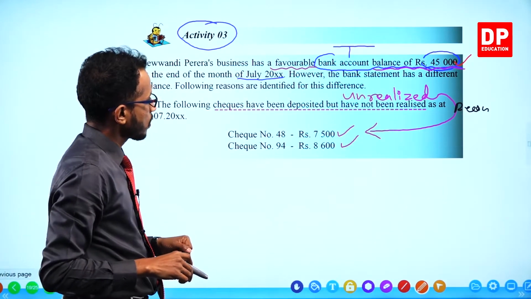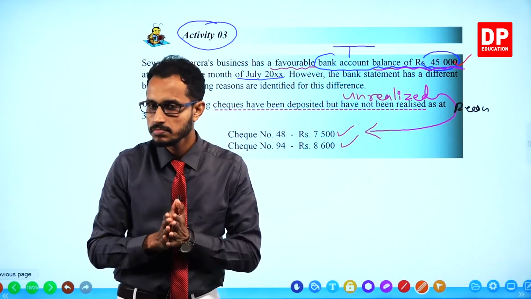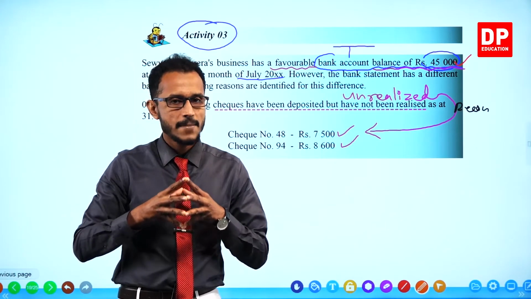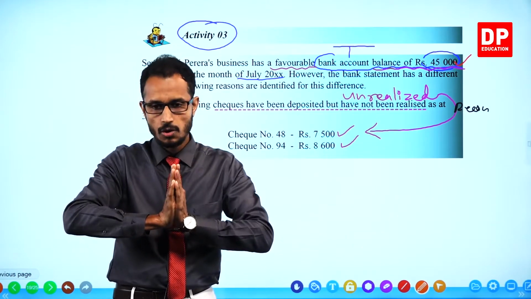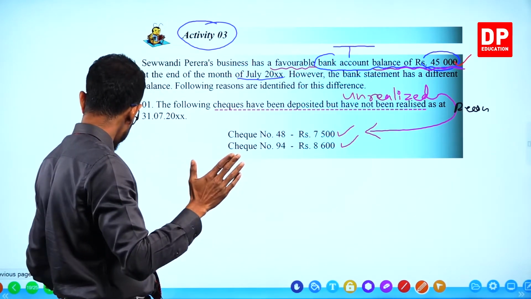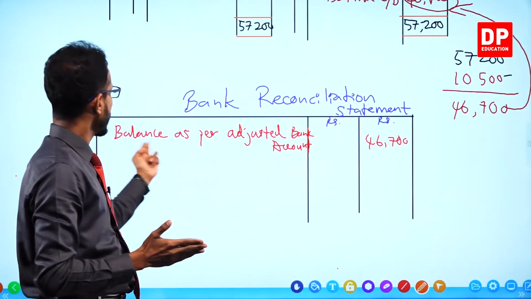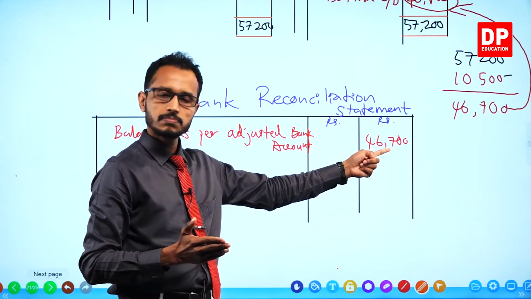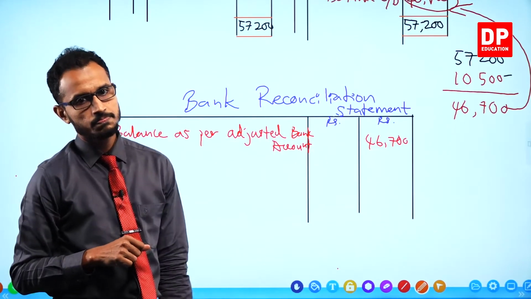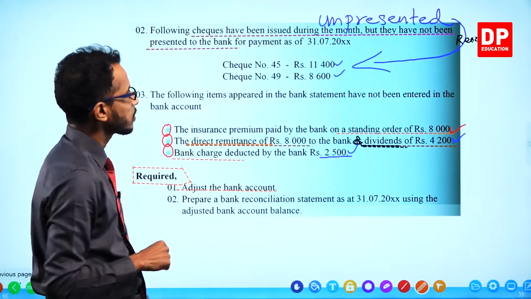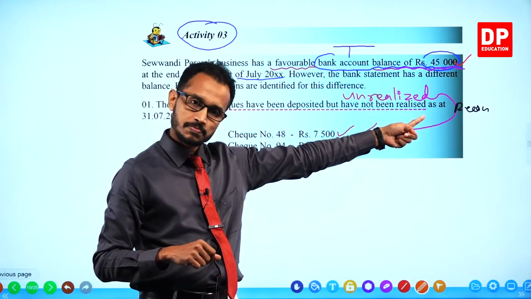Okay, now let's see. Children, we have an adjusted bank balance at hand. It's entered in our reconciliation statement, the adjusted bank account balance. Okay, it is 46,700, and we have two checks which are unrealized.